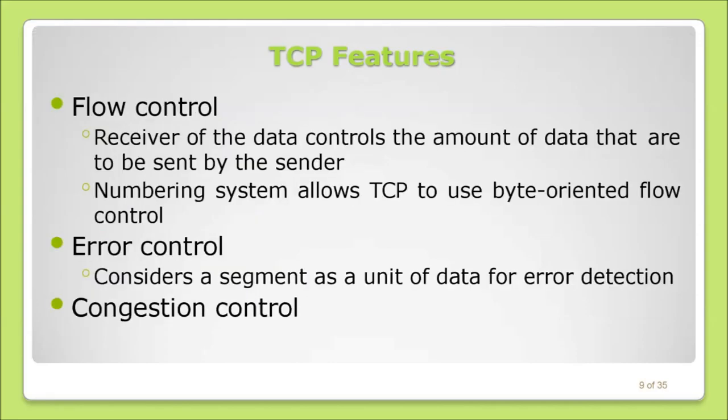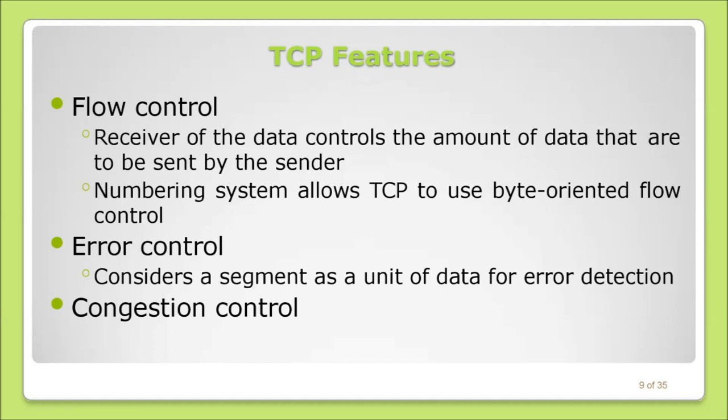TCP features. Dear students, we will discuss three main features over here: flow control, error control, and congestion control. First of all, what is flow control? The receiver of the data controls the amount of data that is to be sent by the sender. The numbering system allows TCP to use byte-oriented flow control.